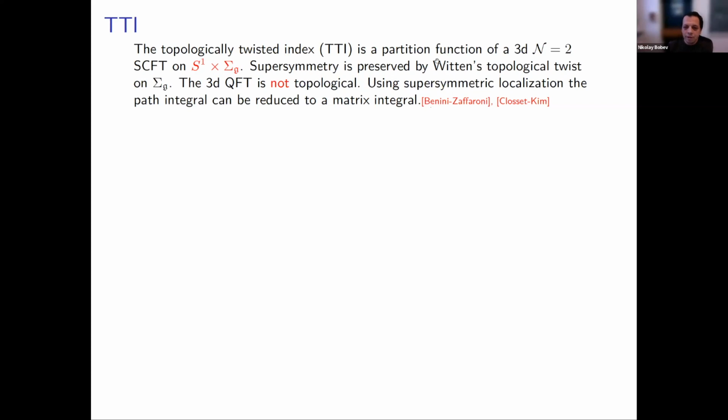But Witten, as often happens, comes to save the day. What he observed is that if you have enough supersymmetry, N equals 2 in this case, or higher, you have an R symmetry. So you have at your disposal a background gauge field and a background metric. The metric on this Riemann surface is non-trivial, but you can also turn on the background gauge field and try to cancel the spin connection on the Riemann surface.